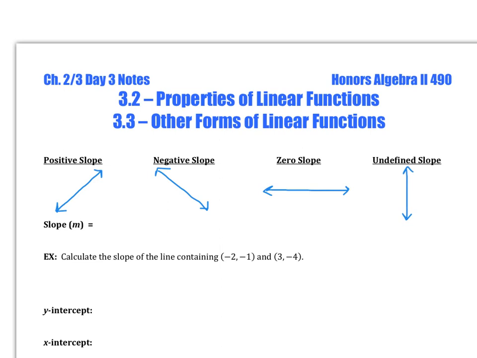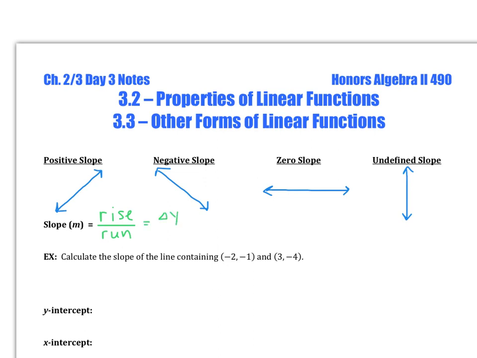Okay, so what is our slope formula? And then we'll go back and talk about that zero slope and the undefined slope there. All right, so hopefully we remember slope is our rise over our run. Another way we can think about it is our change in y.